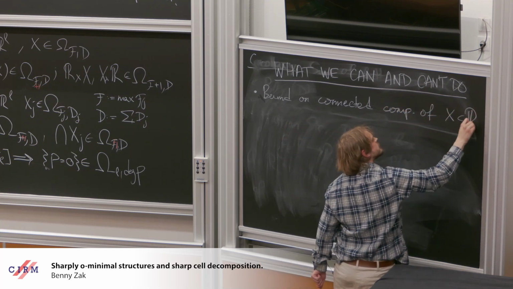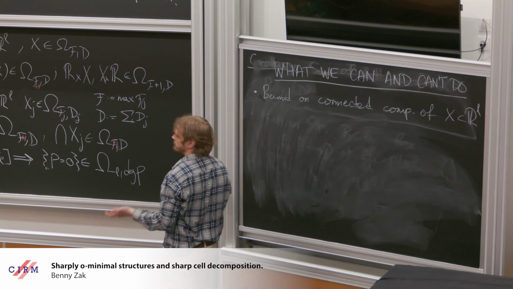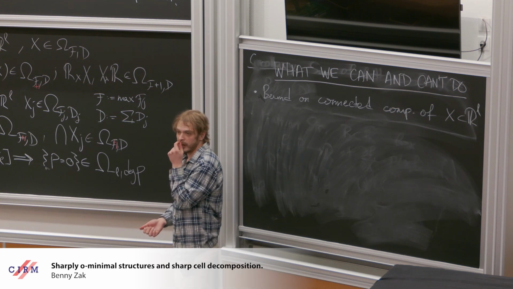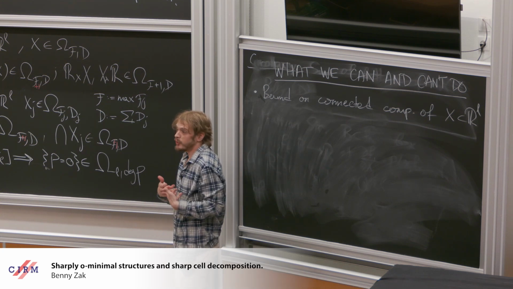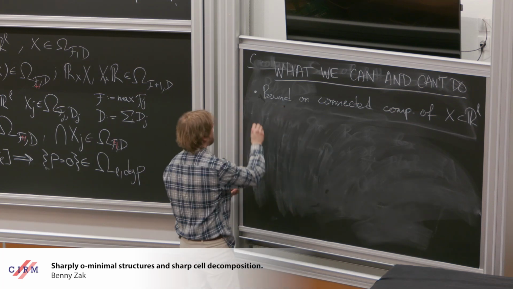The axiom only says that if X is in R, then it has a bounded number of connected components. Using the axioms, we can also prove it for arbitrary ambient dimension. But if we didn't know how to do it, then it would become an axiom. So this is maybe less impressive.